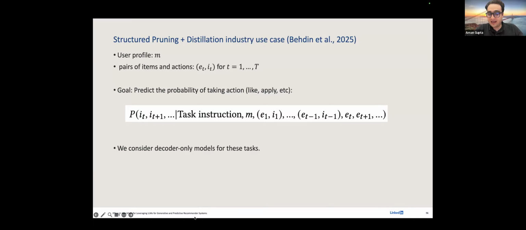So given the instruction of the task, the user profile, and all of this historical data, if we give some new items to the model, E at t plus 1 and so on, what is the probability of the action that the user will take? For this recommender system example, we're going to look at a decoder-only model because it's truly completely text-based.